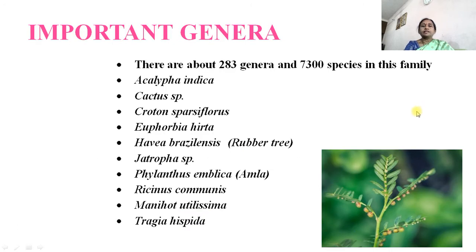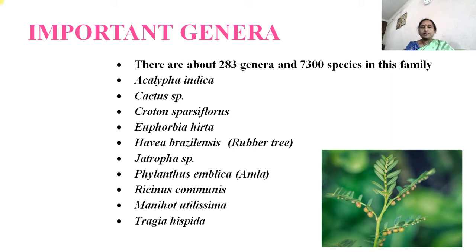Then important genera. There are about 283 genera and about 7,300 species in this family, and some of them are important. Some of the genera are Acalypha indica, then cactus species, Croton sparsiflorus, then Euphorbia hirta, Hevea brasiliensis, that is rubber tree, then Jatropha species, Phyllanthus emblica, it is called amla also, then Ricinus communis, Manihot utilissima, and Trichosanthes.